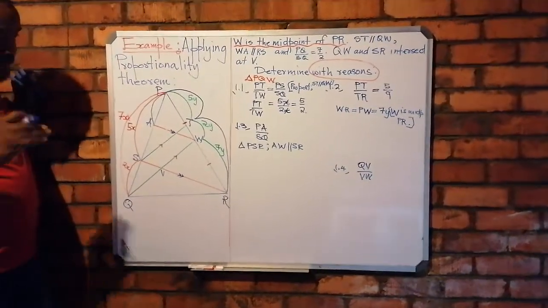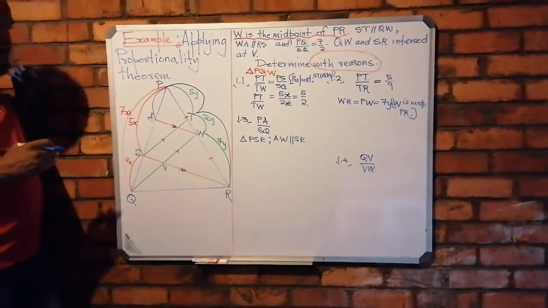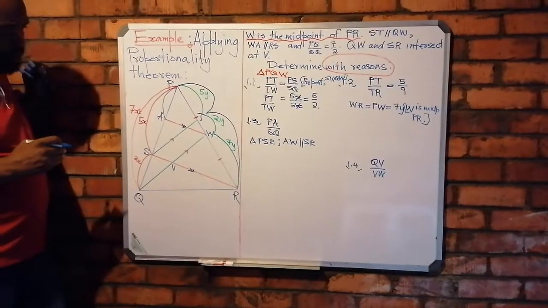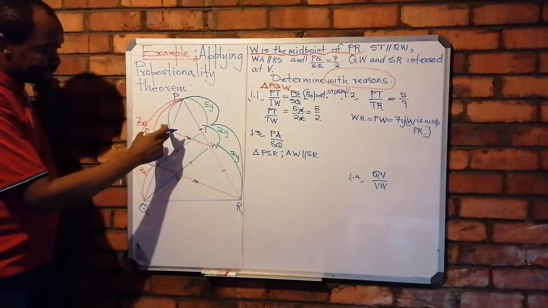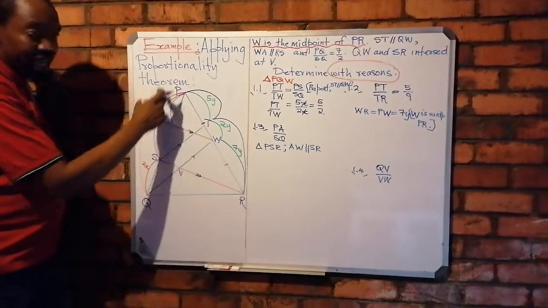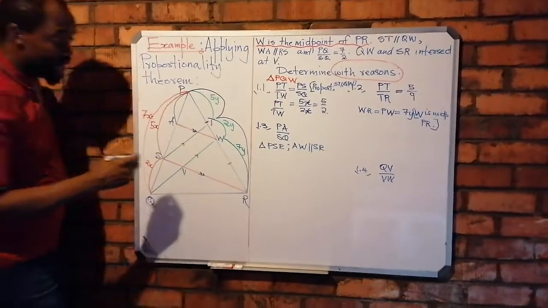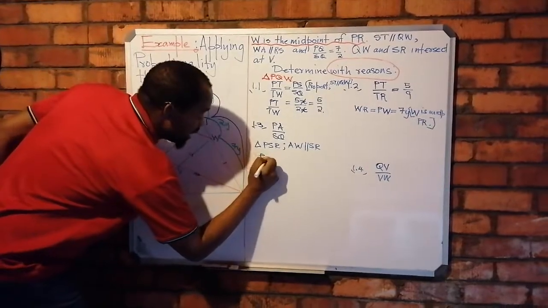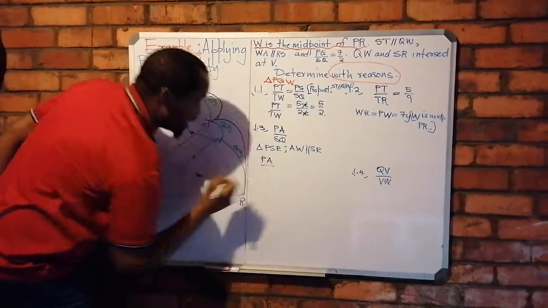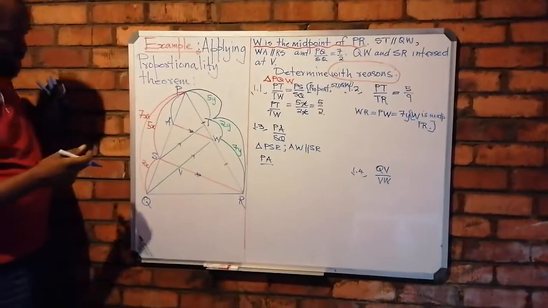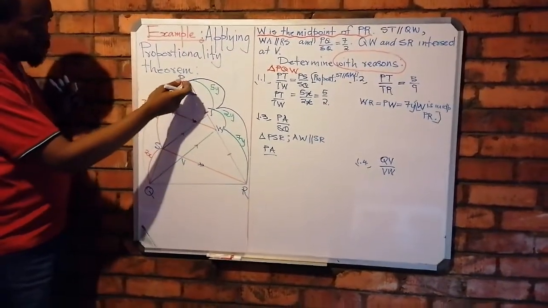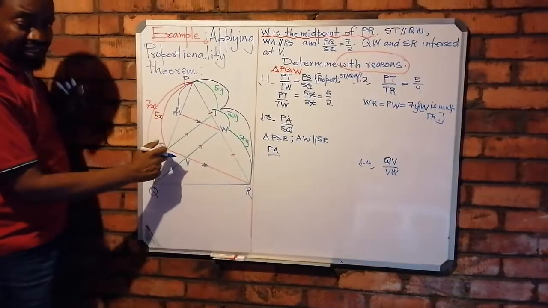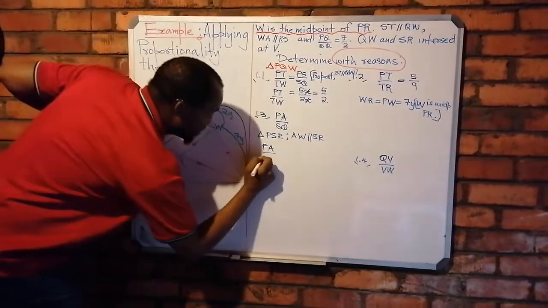I want you to help me now at home. The proportionality theorem for this one. All right. You are suggesting that I take PA. That's fine. I would say PA. It is what you are suggesting. Thank you very much. Then I can hear you saying to me, take PS. I'm going to do that.